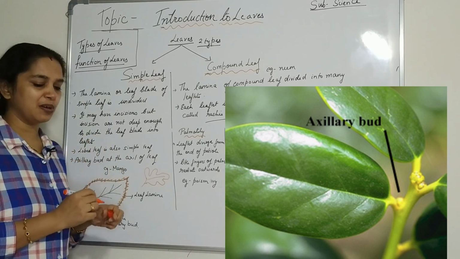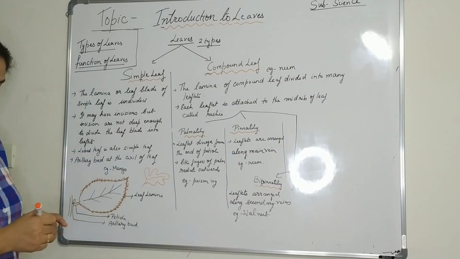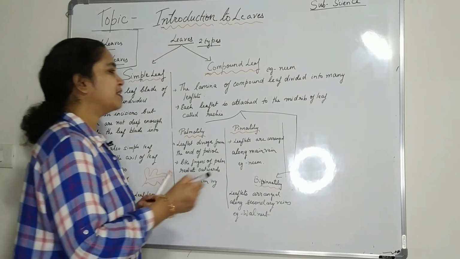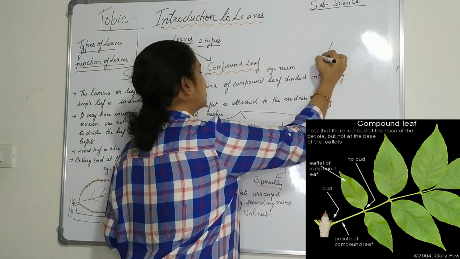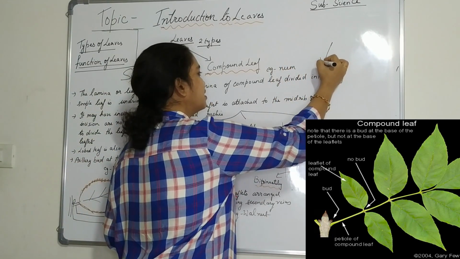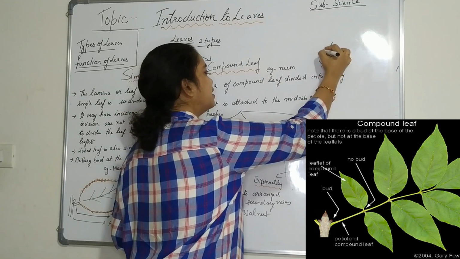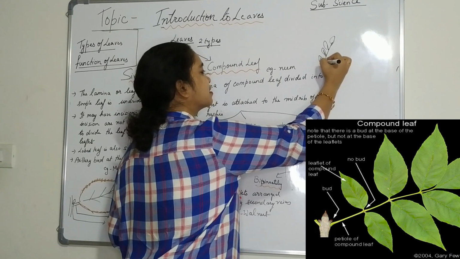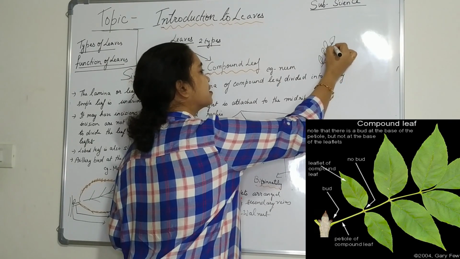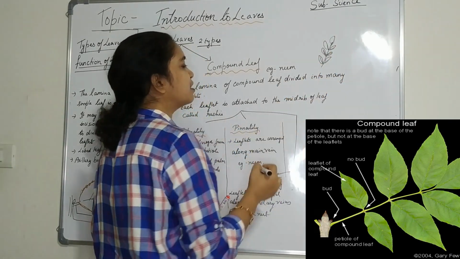What do you mean by compound leaf? Compound leaves are the leaves in which the lamina is divided into many leaflets. These are the leaflets.